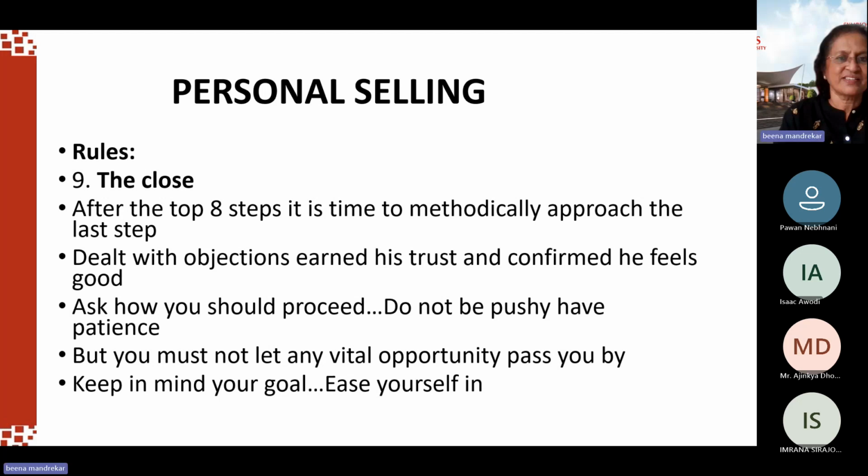Take it down, write it in your diary and say, okay, take your time, read all the literature, and I'll meet you on Wednesday at 3:30. So you haven't let the opportunity go by. You have a hook in. But if you could have closed the sale then and there, it would have been nice. But if he refuses completely, that means he needs more time. Give it to him.